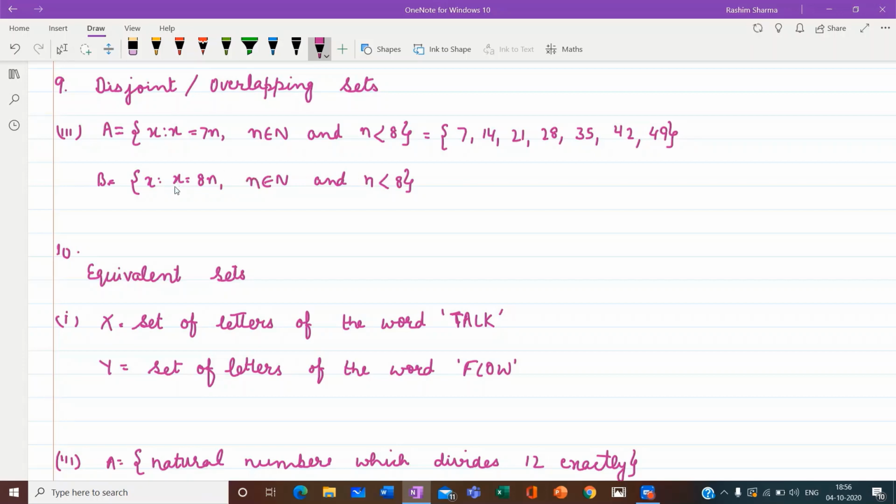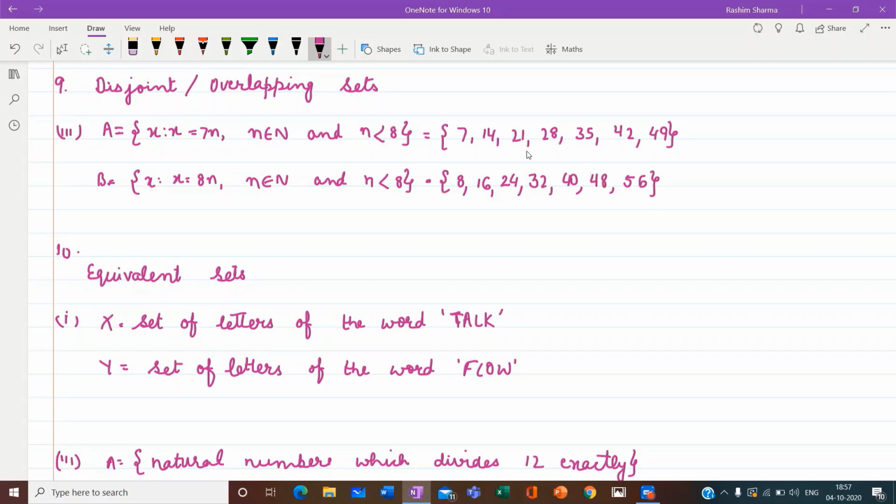Same way in set B, here we have 8n, which means multiples of 8. Less than 8 means up to 7 only. So here we will write the table of 8: 8 into 1, 8 into 2, 8 into 3, 8 into 4, 8 into 5, 8 into 6, 8 into 7.